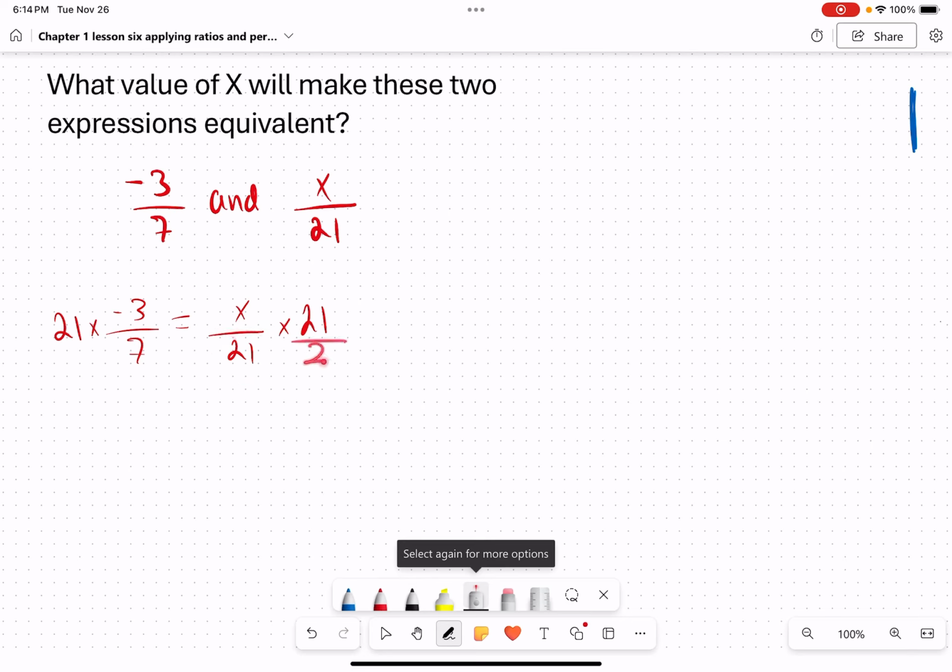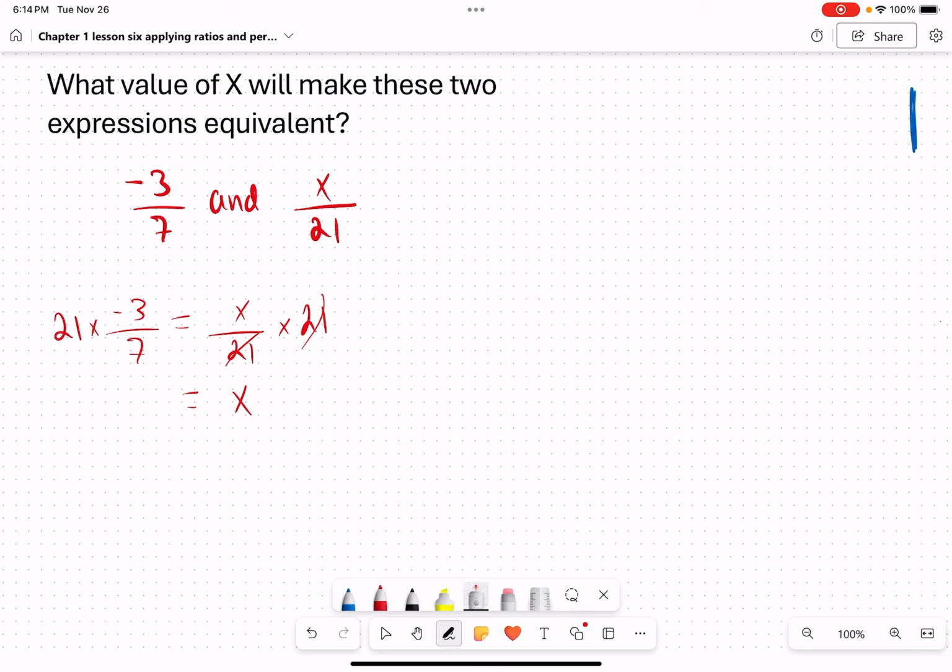When the two numbers are the same, that's just going to equal 1. So these two cancel out, and we're just left with 1x, because 21 divided by 21 is just 1.